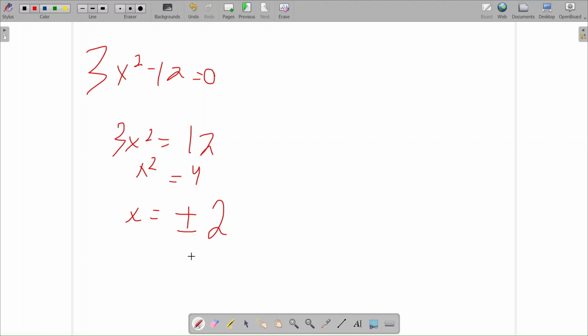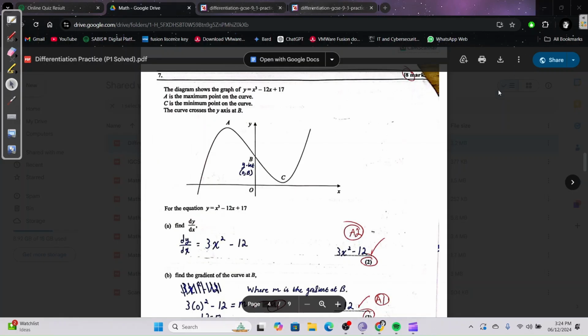Now that you know this, what we're gonna do now is substitute positive 2 and negative 2 in our original equation. So let's just put it here. We have 2, we don't know the y yet, and we have negative 2, we don't know the y yet. Now we can tell which point is which.